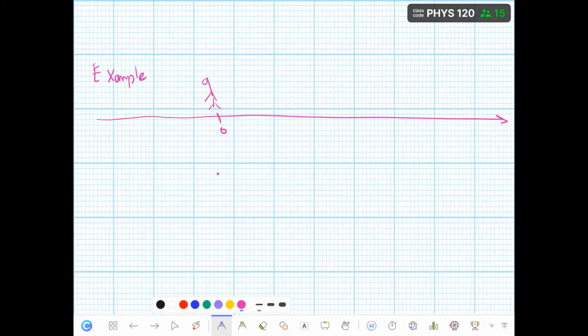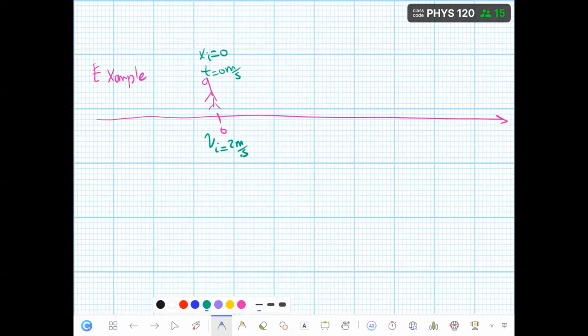What is his initial position? Zero. But he is not standing still. When he is at the origin, he has a velocity. I say his velocity is 2 meter per second.